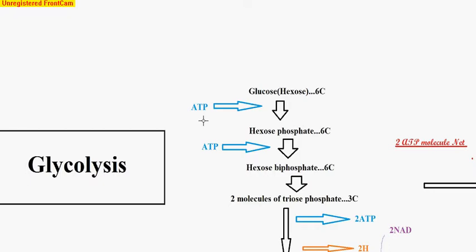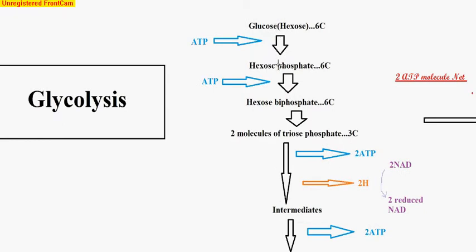So one of the phosphates from the ATP attaches to hexose, and it becomes hexose phosphate, and this ATP changes to ADP. Do not forget that this ATP changes to ADP, and hexose phosphate becomes hexose biphosphate. It all has 6 carbon.